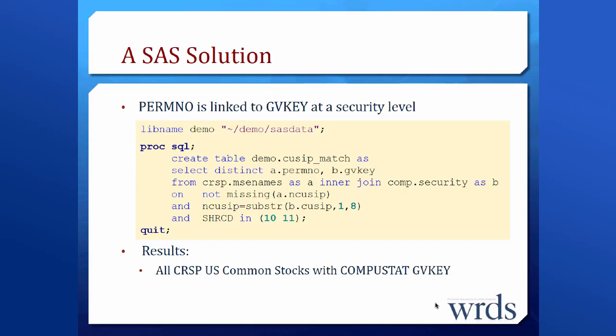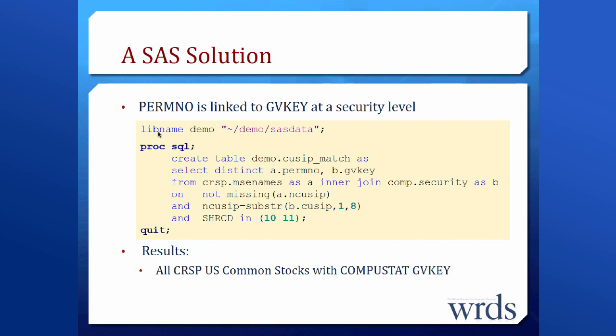Before I do that, let's go through a little bit of SAS code here. It's very short SAS code, and let's do it one by one. The code here is basically trying to link PERMNO and GVKEY together by using CUSIP.